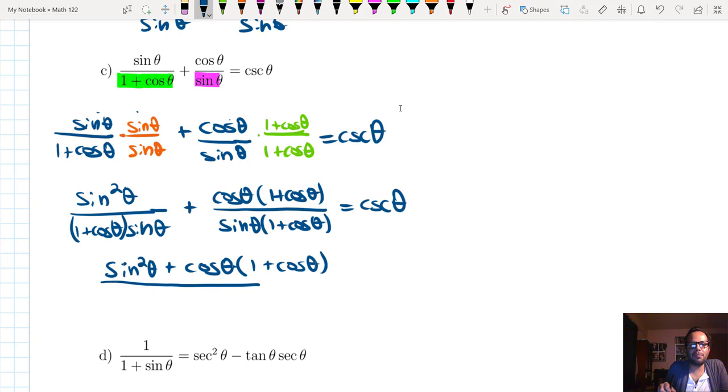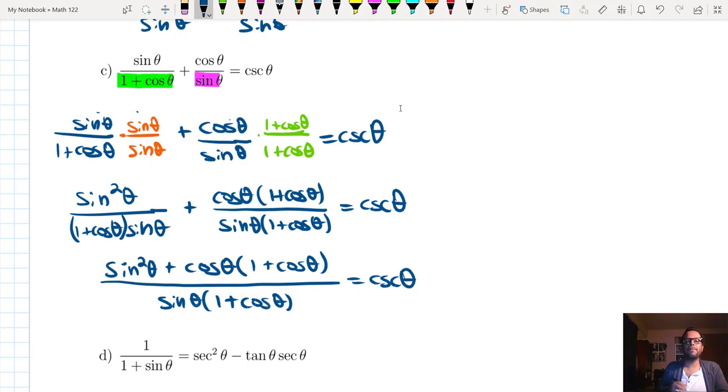Then divide that by sine theta times 1 plus cosine theta, and that equals cosecant theta.